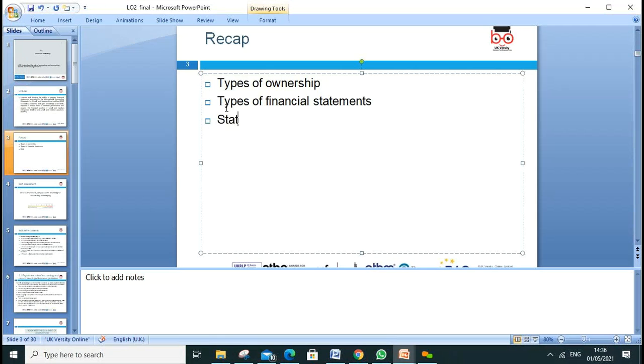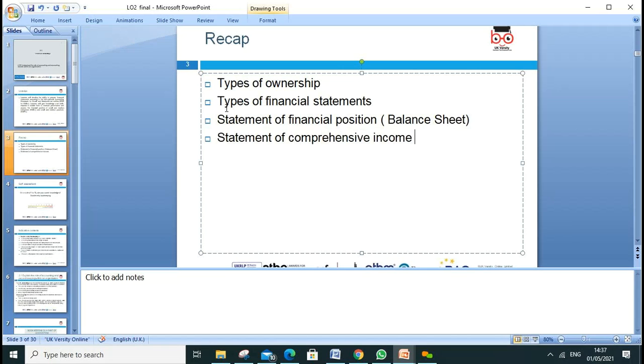We discussed the statement of financial position, income statements and manufacturing accounts. Great. So we discussed the statement of comprehensive income, which is also known as P&L.